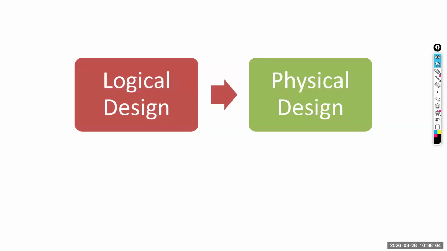Say we have decided it's a relational database, but we have not committed whether it's Oracle or MySQL or Microsoft SQL. So therefore, it's a little bit abstract design. So we call it logical design.